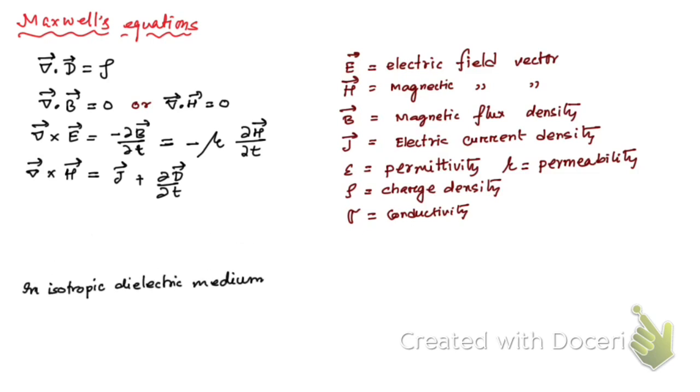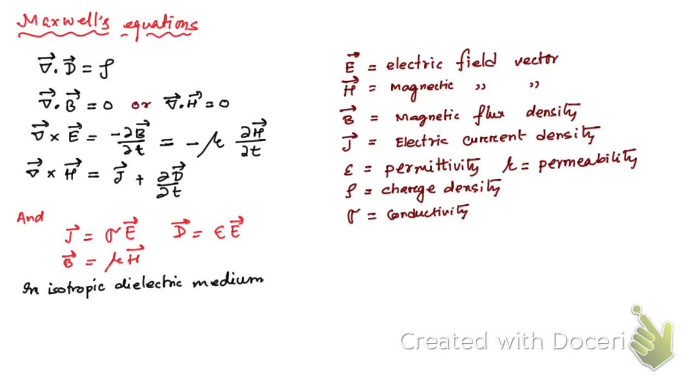The current density J vector is conductivity times the electric field vector, B vector is mu times the magnetic field vector H, and D vector is equal to epsilon times E vector. Okay, let me write these relations as well.